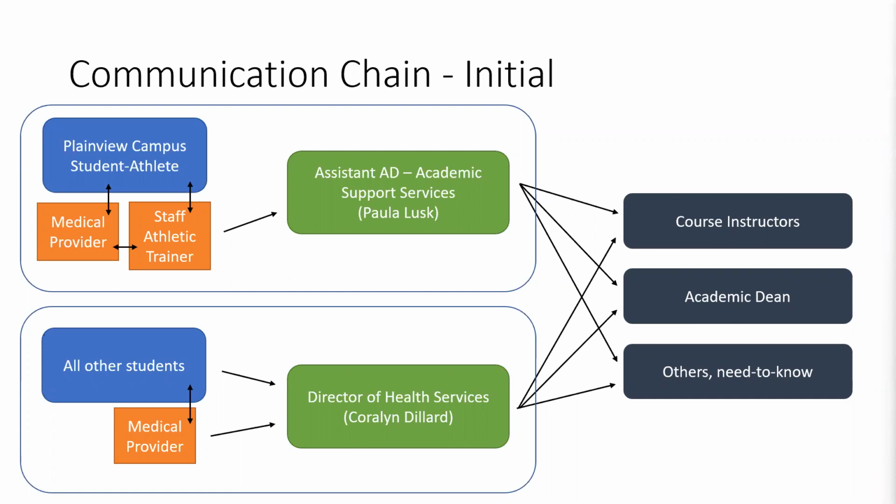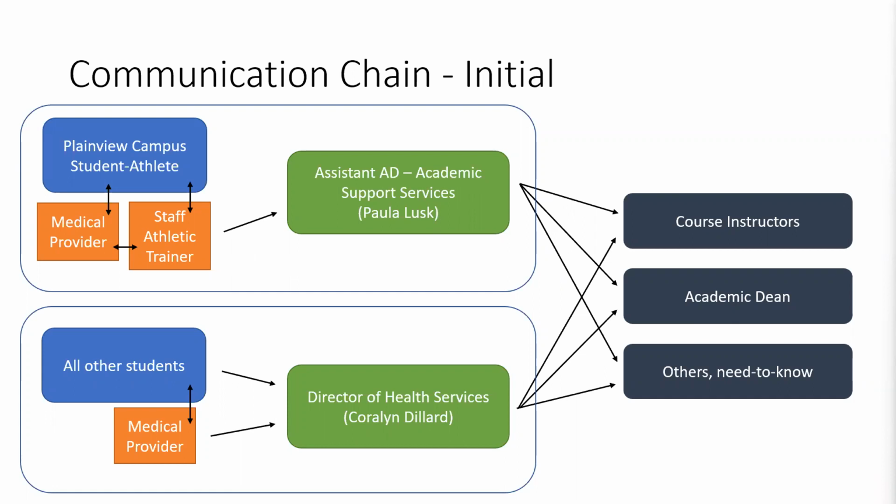So once the university is informed of a student's need for concussion management, either directly from that student or through the student's physician, that information should be forwarded to either the staff athletic trainers, currently organized by Scott Sloan, or the Director of Health Services, again, currently that's Coraline Dillard.